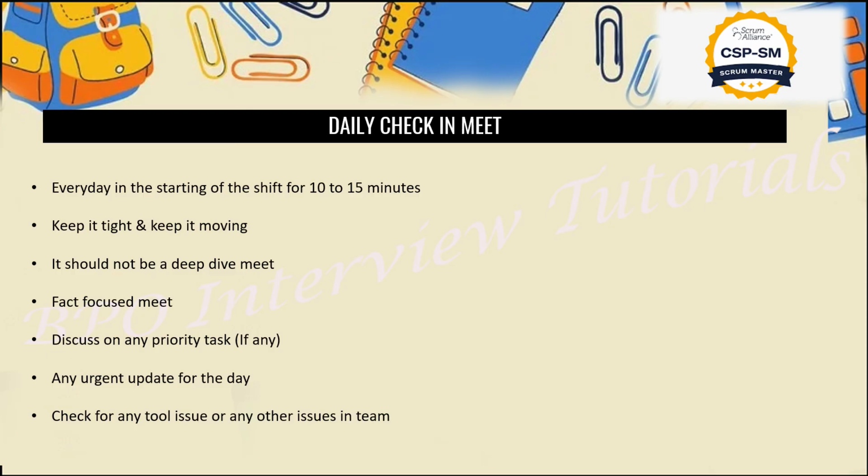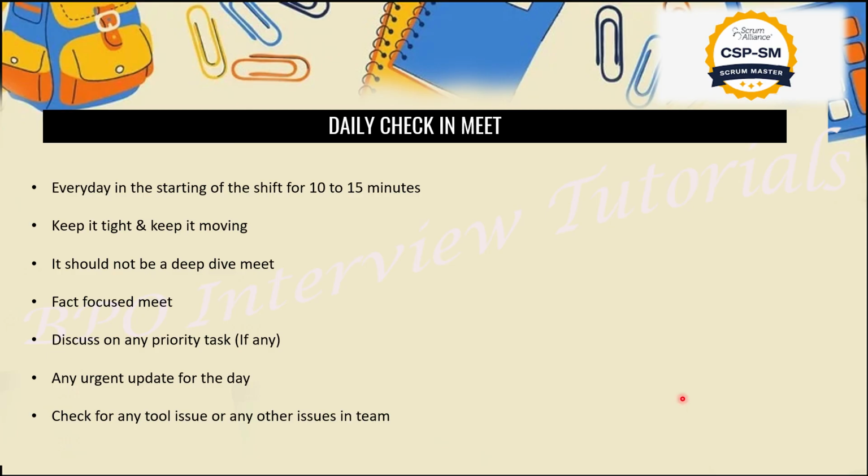The first thing they have to do is keep it very tight and keep it moving. It shouldn't include all the information to be shared. In this meet we only cascade information that is priority-based, which helps the agents understand what work they need to do for the entire day.